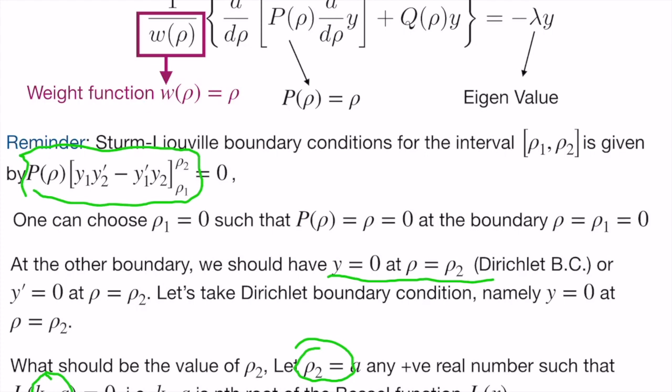Then you choose the roots of the Bessel function, and the Dirichlet boundary condition is naturally satisfied, and we can express any function in terms of the Bessel function.